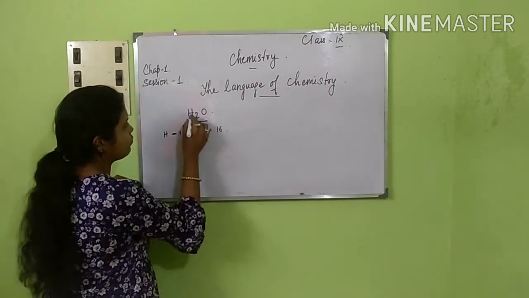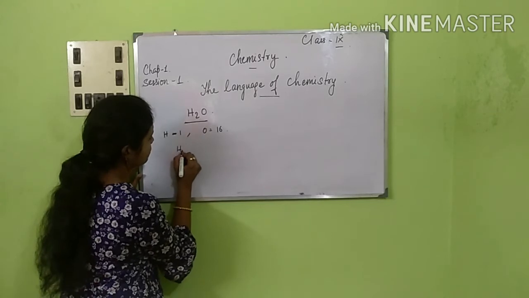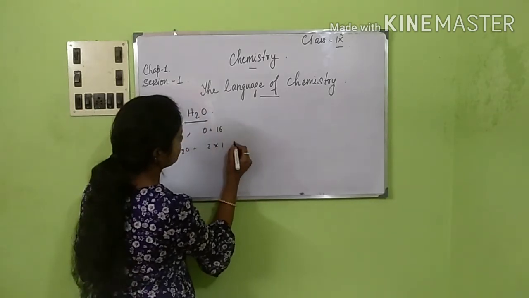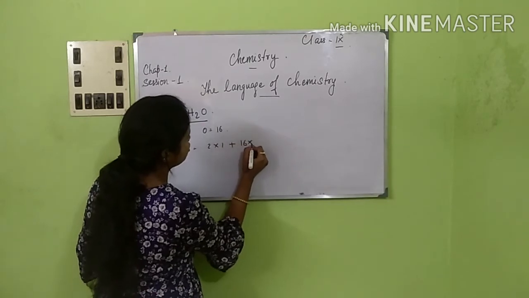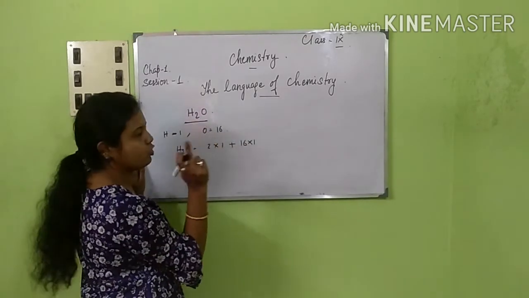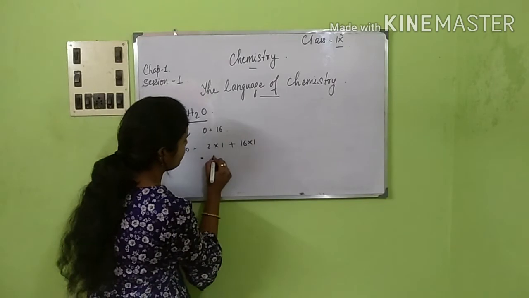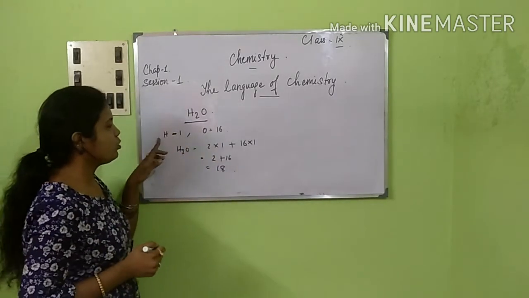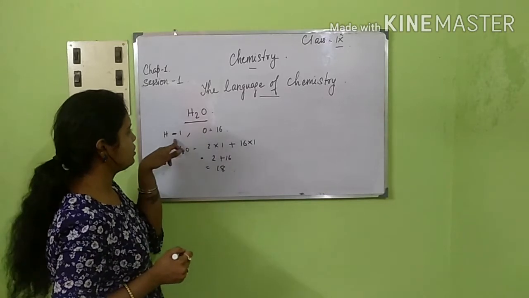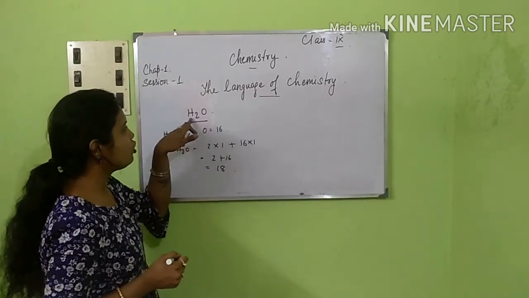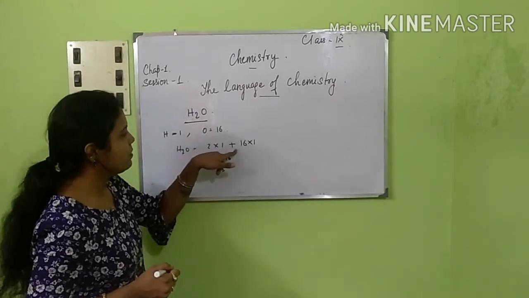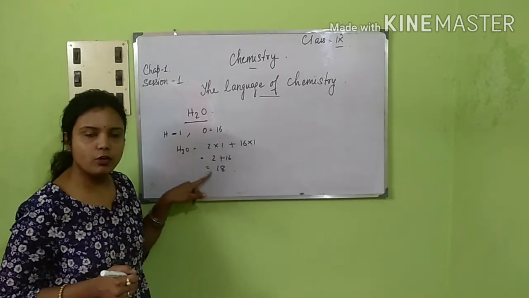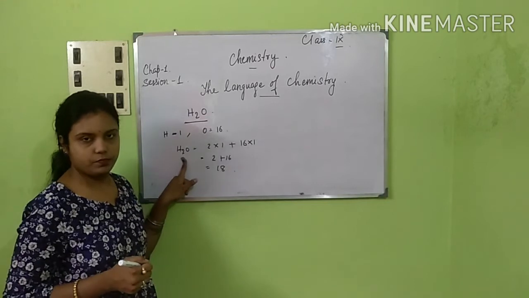For hydrogen it is 2 into 1, plus 16 into 1, since there is only one atom of oxygen. So we get 2 plus 16, that is 18. So 18 is the molecular weight of water.